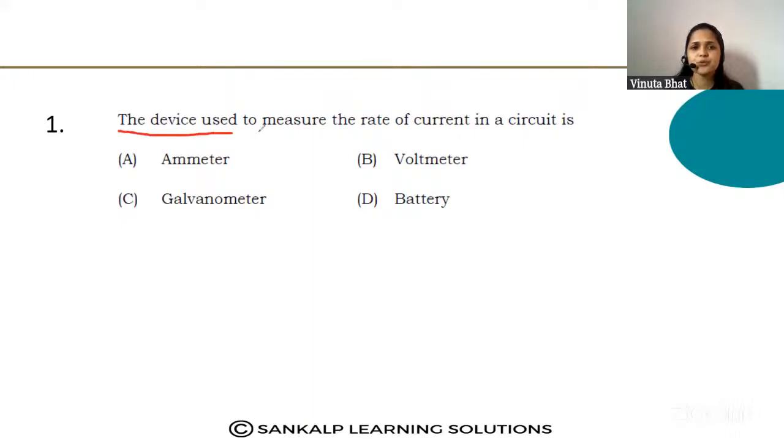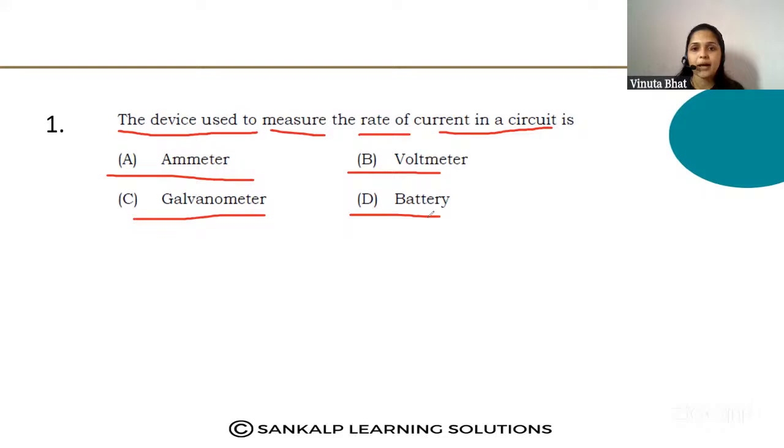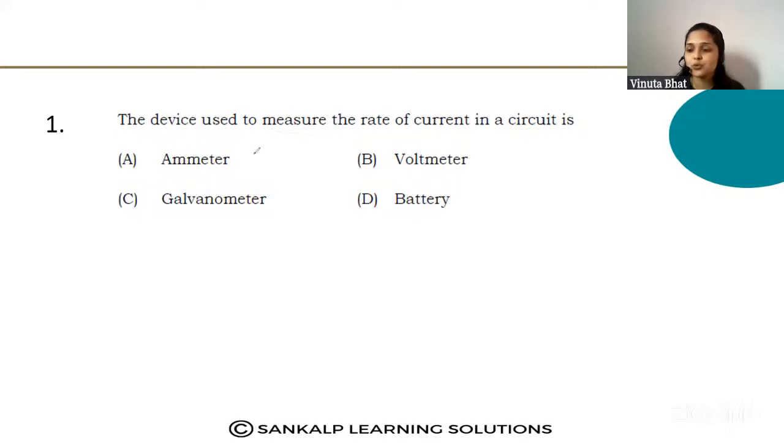The device used to measure the rate of current in a circuit is: option A, ammeter; option B, voltmeter; option C, galvanometer; option D, battery. Voltmeter is used to measure the potential difference.